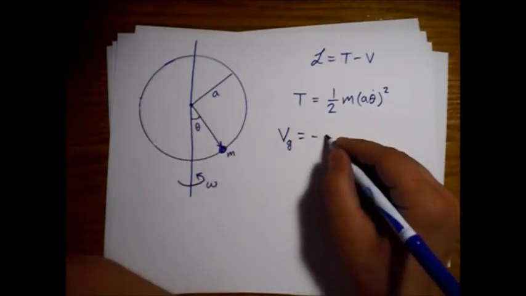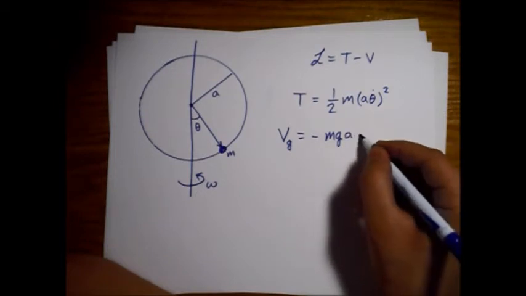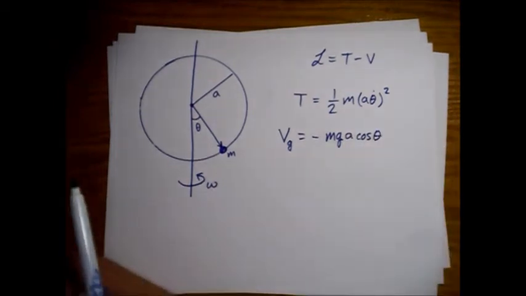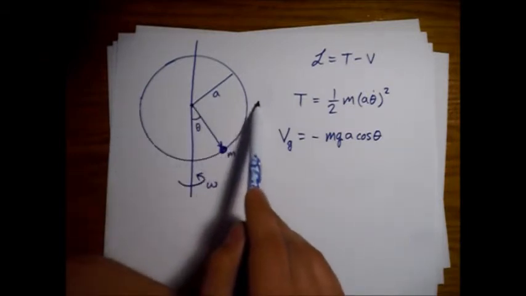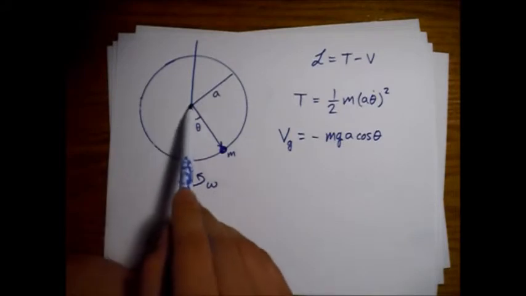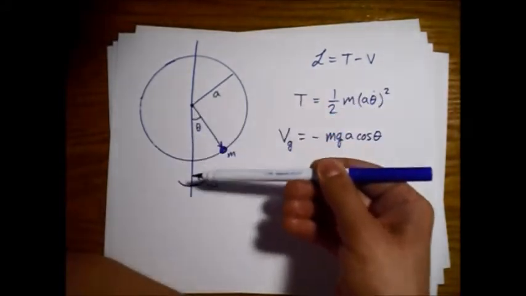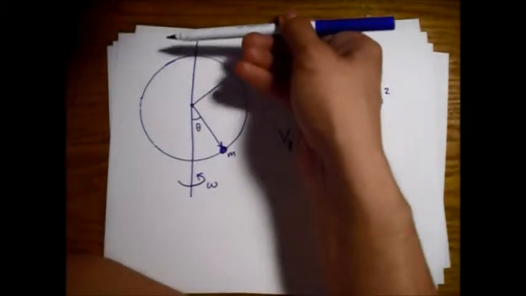We're just going to have a minus mg a cosine of theta. What I've done is define my zero through the center of the hoop, so the potential energies down here are negative, and above that will be positive.